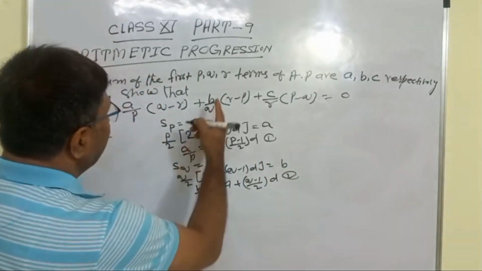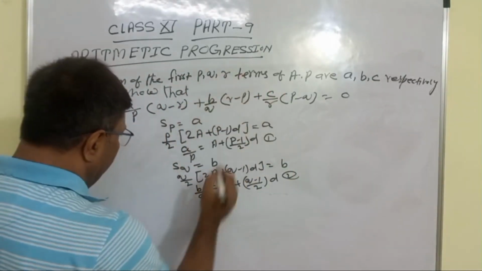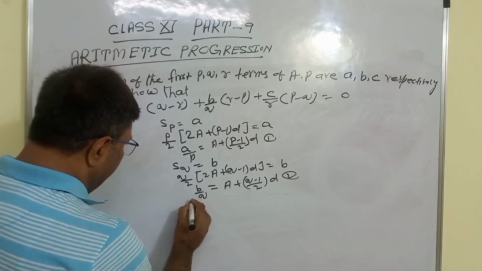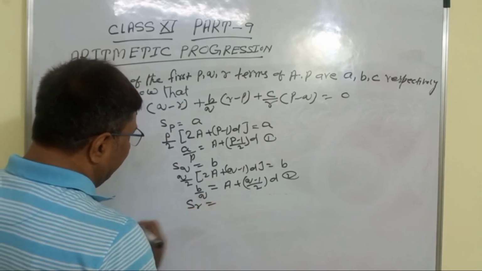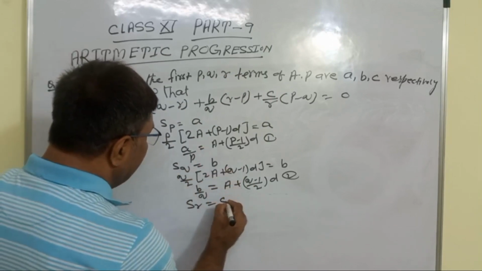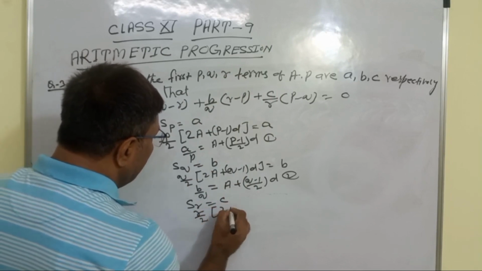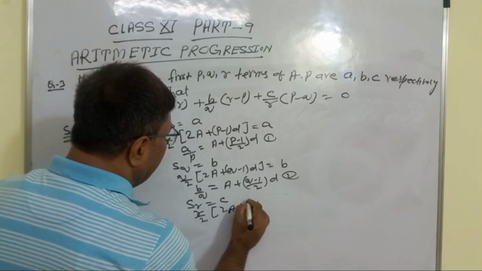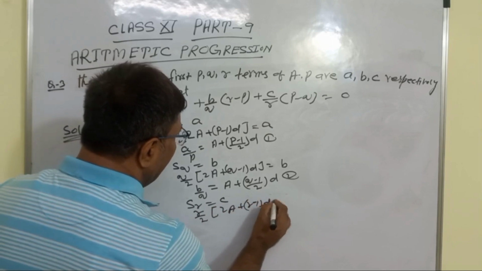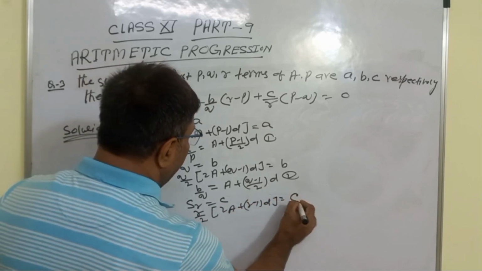Now you see it is given what? The sum of the rth term. So this is what? The sum of r terms is given what? c. So we can write r by 2 into 2A plus r minus 1 into d, and this equals what? c.